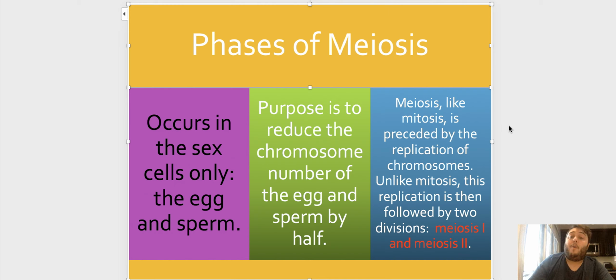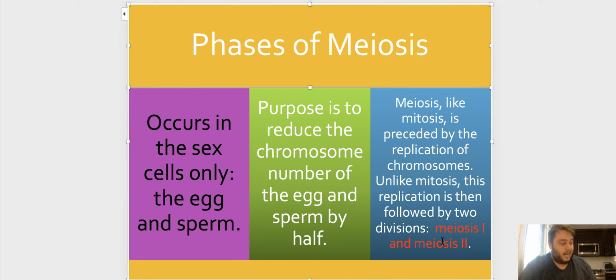It happens before mitosis. In meiosis, the same thing is true. The DNA needs to replicate before it goes through meiosis. The only difference is that replication is then followed by 2 divisions. There's meiosis 1 and meiosis 2.